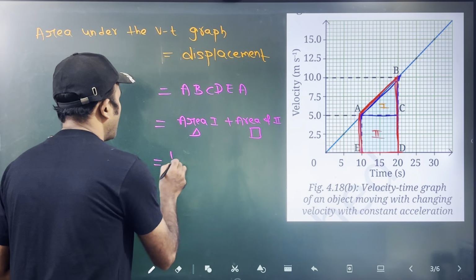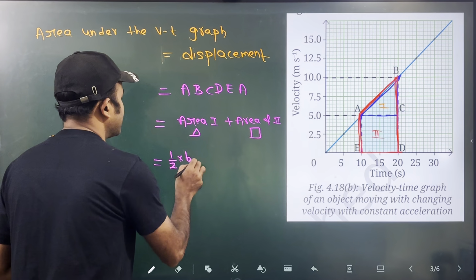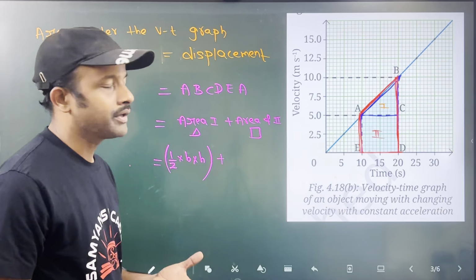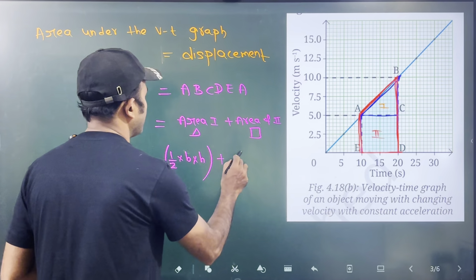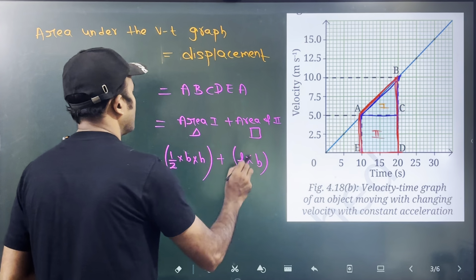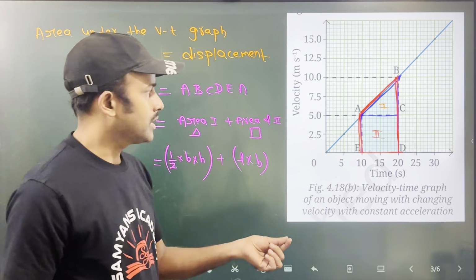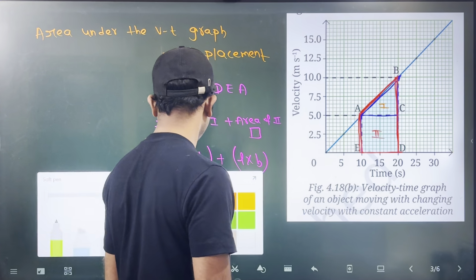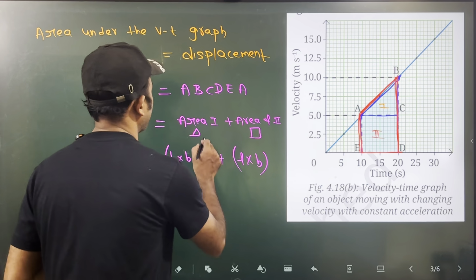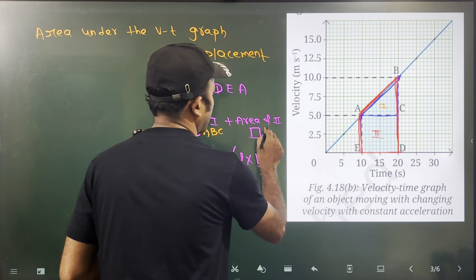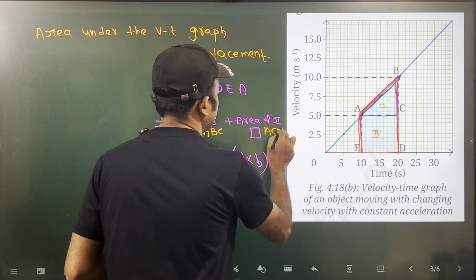That is half into base into height, plus the area of the rectangle, which you already know is length into breadth. Now you tell which is the base in the triangle ABC. It is the area of triangle ABC and the area of rectangle ACDE.